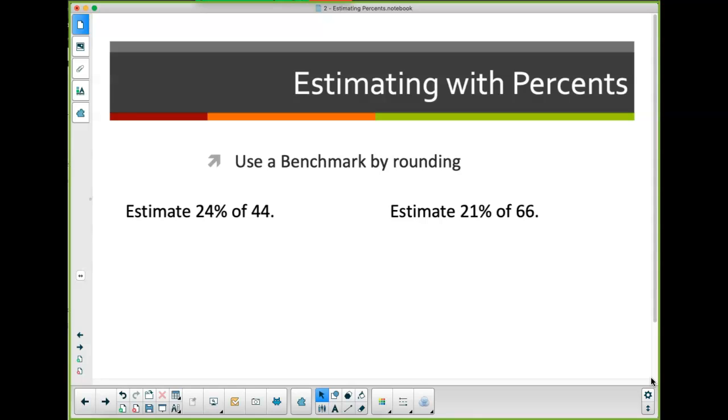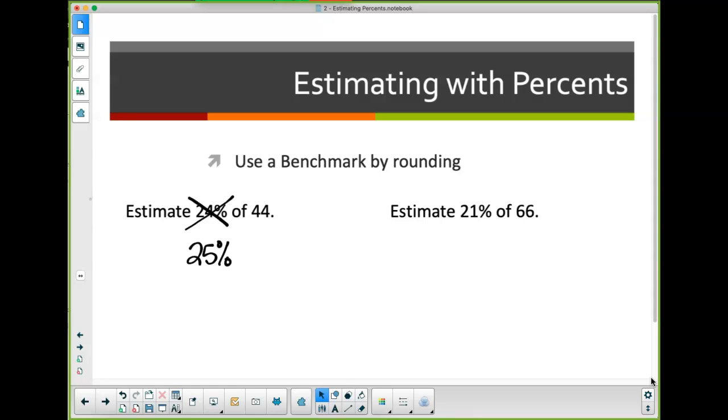Cassidy. 22, that's kind of, is 22% on our benchmarks? If you look back in your packet at your benchmarks, is 22% on there? What's close to 24% that's on your benchmarks? Krista? 25. So I'm going to cross off the 24% and make it 25%.